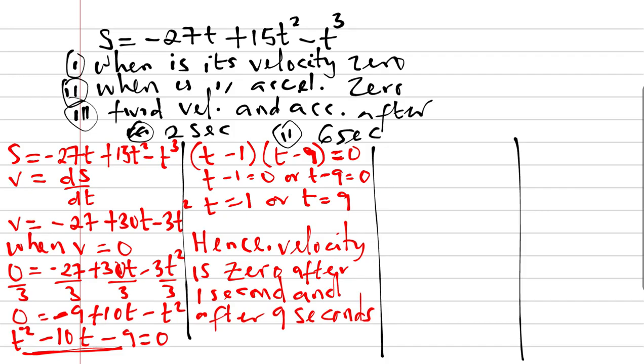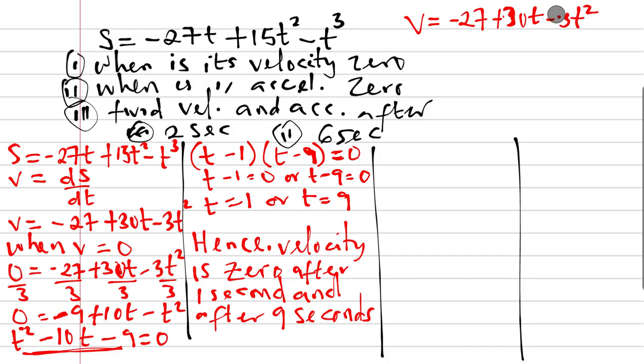You know that our v, we said v is equal to what? What was our v that we got? Minus 27 plus 30t minus 3t squared.